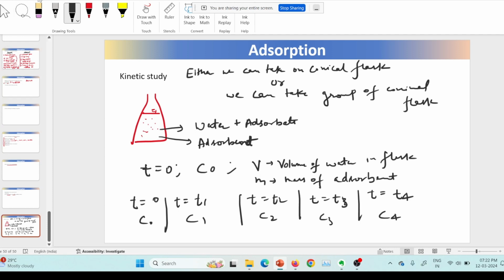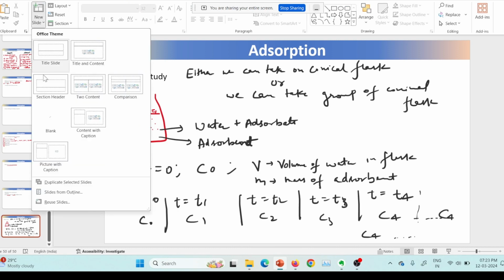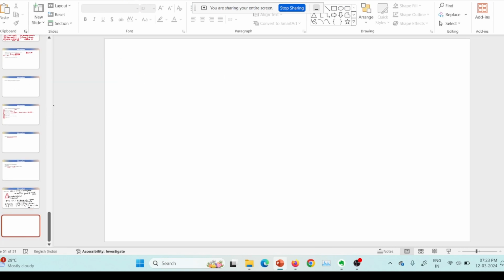A time interval will come when the concentration will not change. This concentration will be constant, let's say it will be C4 only. It will not change. So what we'll do, we'll plot.